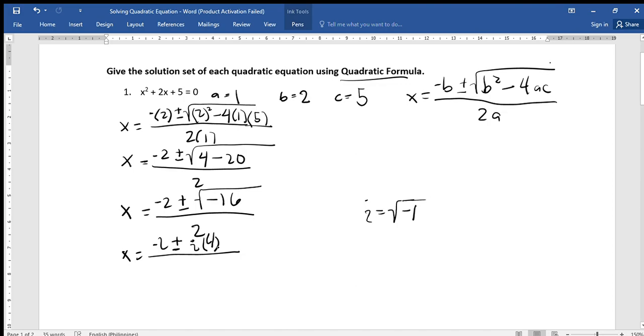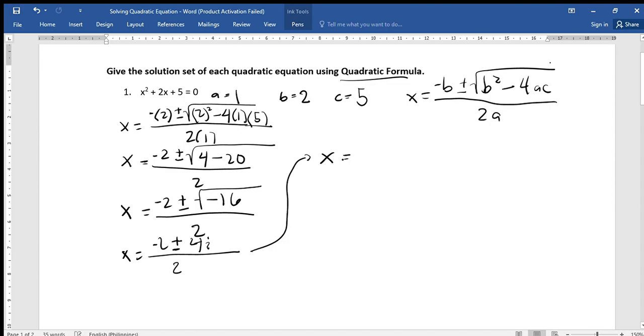I-erase natin ito. So, 4i over 2. Move natin dito yan para at least hindi tayo masyadong gumagamit ng space.